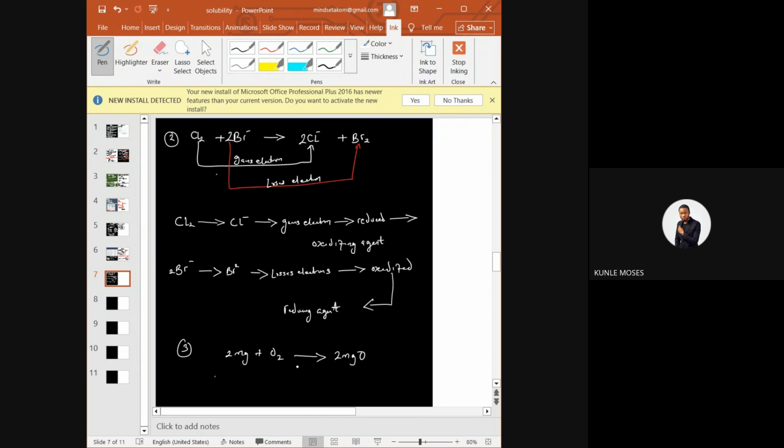And if you look at oxygen here, from O2, I don't know if you know how to calculate oxidation number. This is O2 minus. So it simply means it has gained electron. So therefore, Mg is the reducing agent because it has been oxidized, it has lost electron, from Mg becomes Mg2 plus.